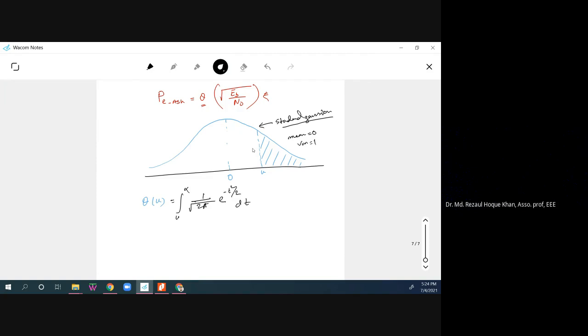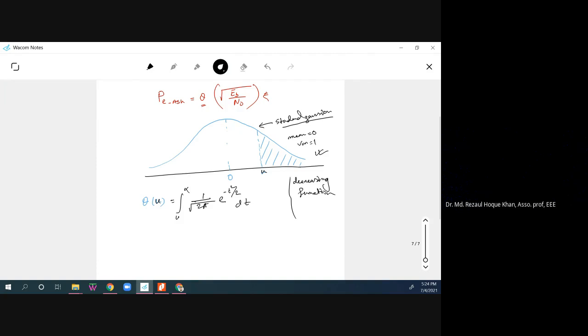So Q as a function of u is a decreasing function. We can see it from the probability density function.